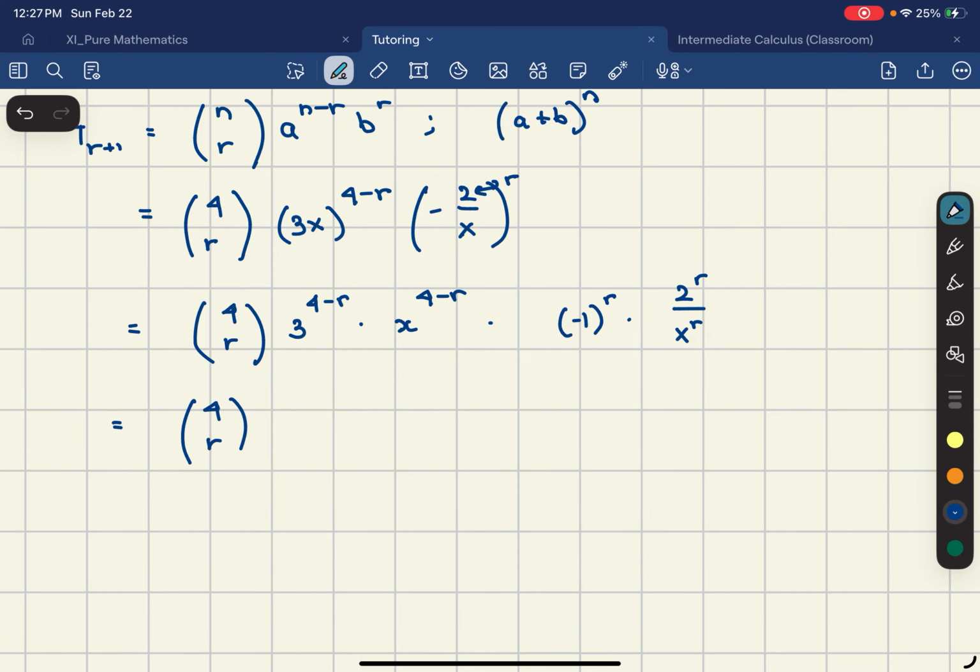So we have 4Cr, that is going to be a constant, 3 to the power 4 minus r times (−1) to the power r, and I have 2 to the power r. So that is all my constant terms from here. And my variable terms is x^(4−r) divided by x^r. So if you simplify this, you'll get x^(4−2r).